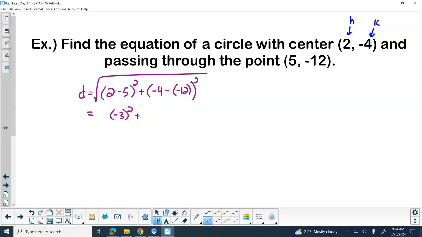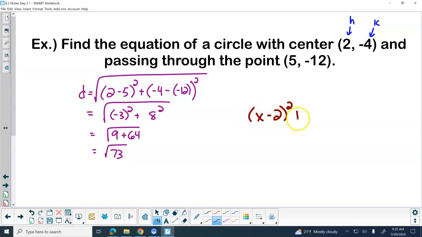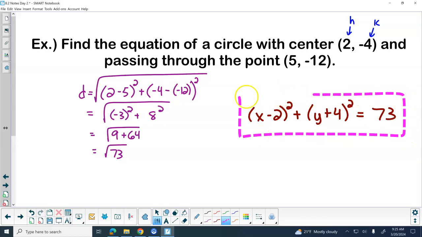Negative 4 minus negative 12 is 8. I get x minus 2 quantity squared plus y plus 4 quantity squared equals 73. Yes?